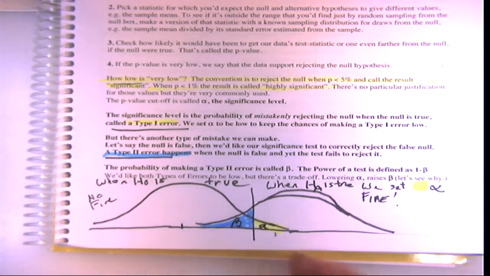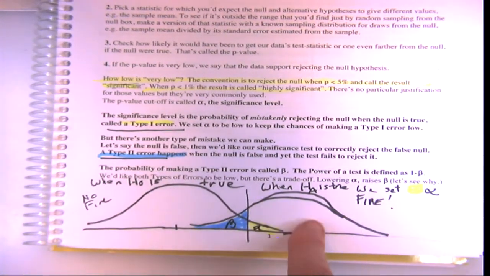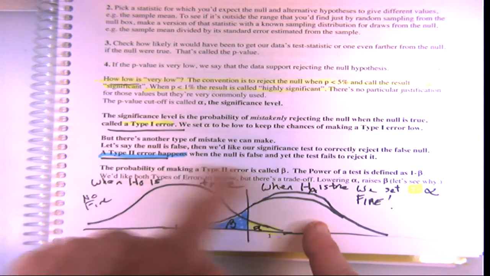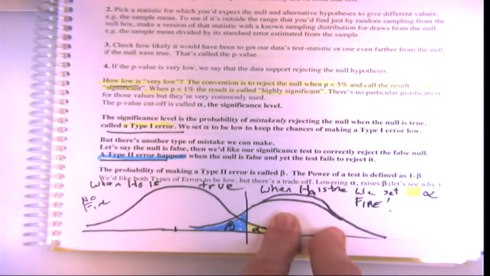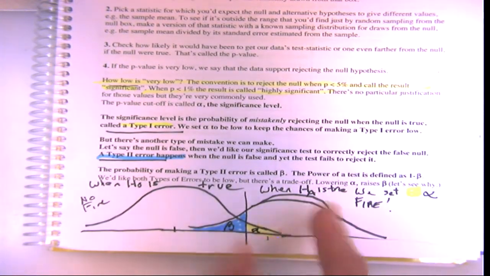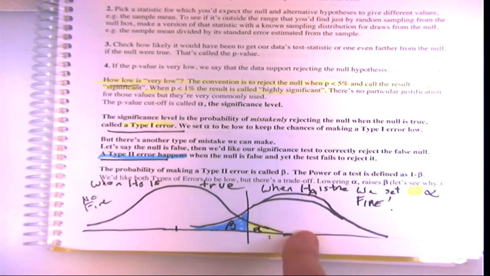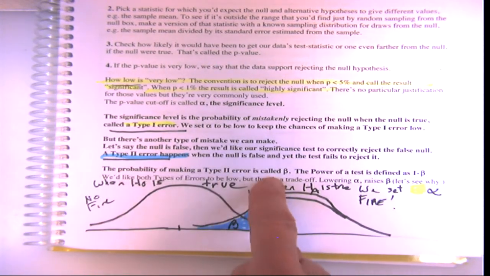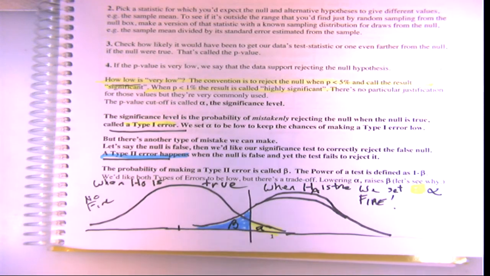And so when it's exactly what I said, the null is false, this is false, the alternative, and our test fails to reject it. It didn't reject the null, right? Okay, so the probability of making a type 2 error is called beta, and the power of a test, which is super important in designing stuff, is a very important measure.